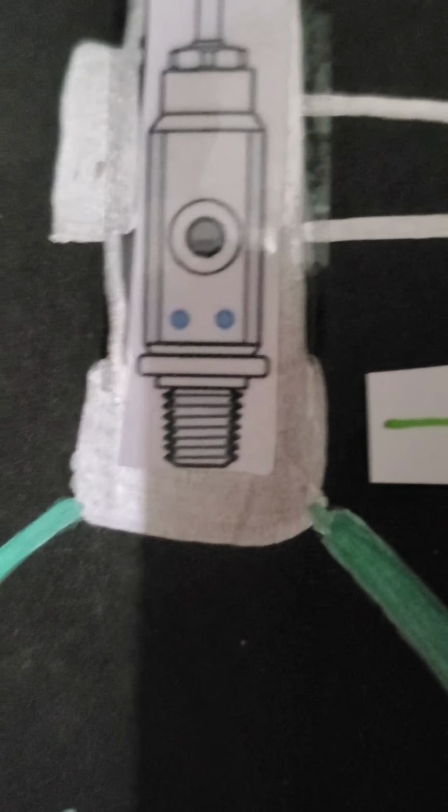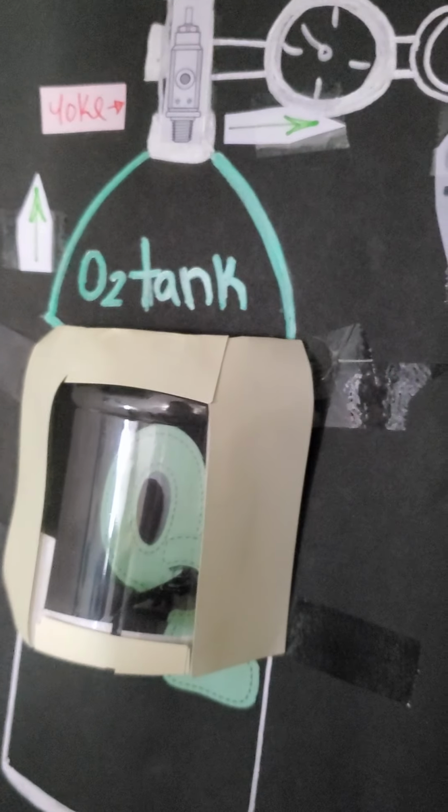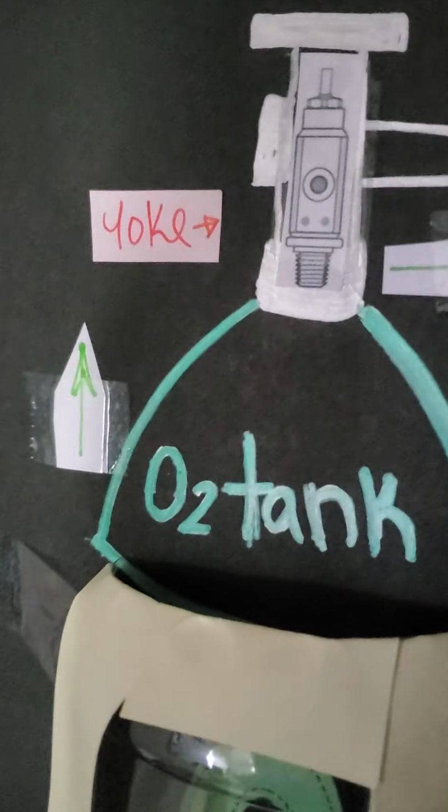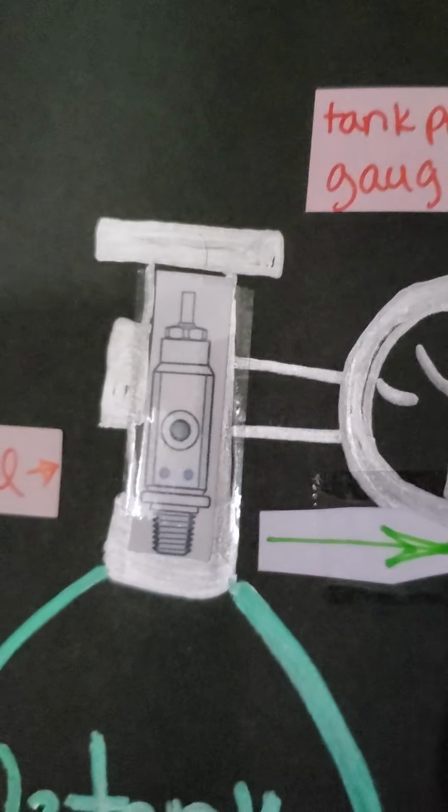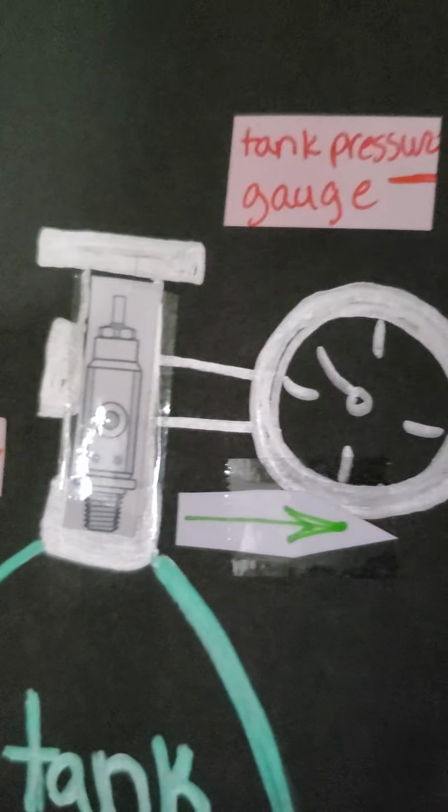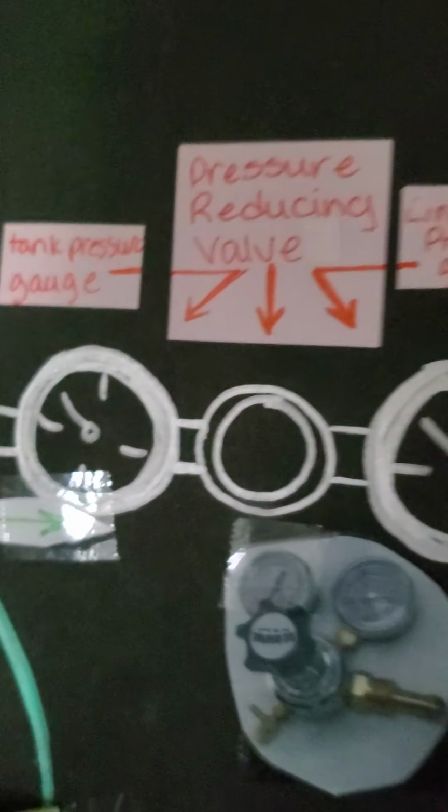The two little dots that are shown in blue change depending on the yoke that is used for the specific tank that is attached. For this particular one, we're using an oxygen tank, so this is an oxygen yoke. The oxygen goes to the pressure reducing valve.